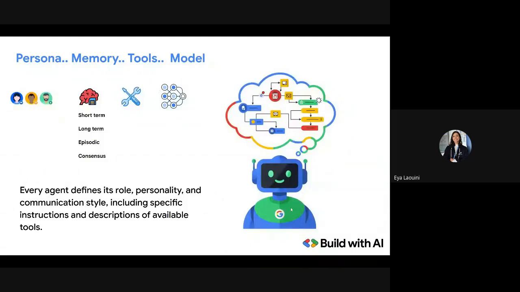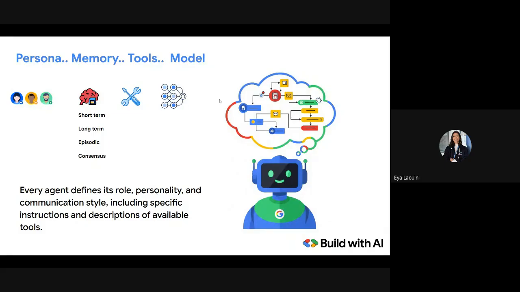Okay, so let's come back. Here we have our AI agent. We have four main things. The first one is the persona. Every agent defines its role, personality, and communication style, including specific instructions and descriptions of available tools. So here we have, for example, an AI agent that you want to act like an AI engineer.